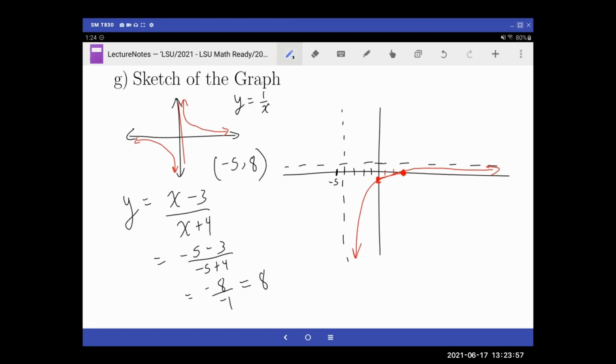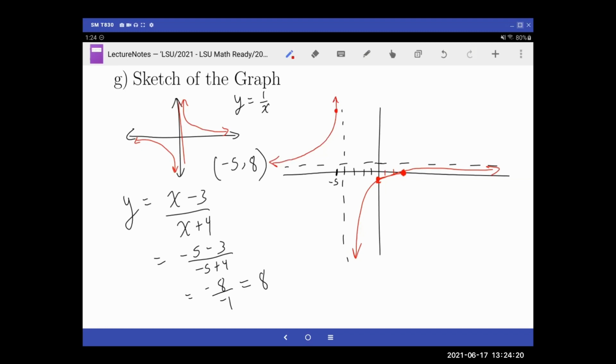So -5, +8 is part of the graph here. That's going to be up here somewhere. Knowing that the shape is going to be either like this or like that on the bottom, and like this or like this, and have a point up here, I know that the graph's going to do that up here.